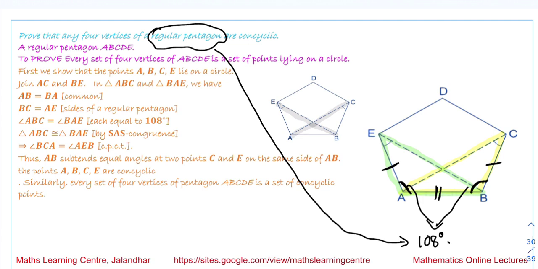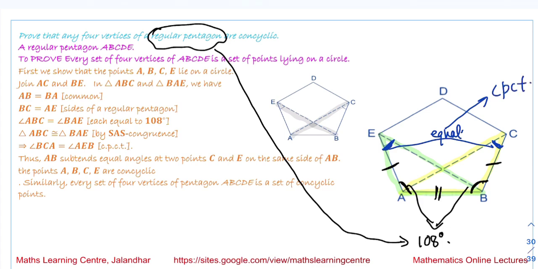So both these triangles are congruent to each other by SAS axiom. So what we get is that the angle BCA and the angle BEA are equal to each other by CPCT.